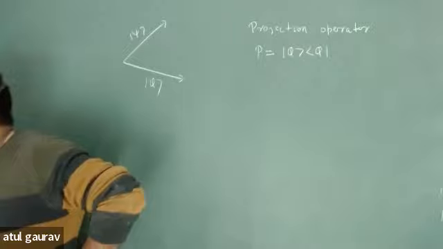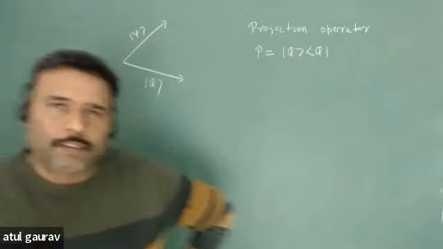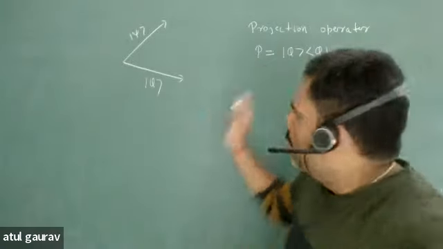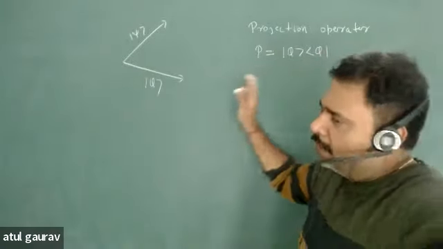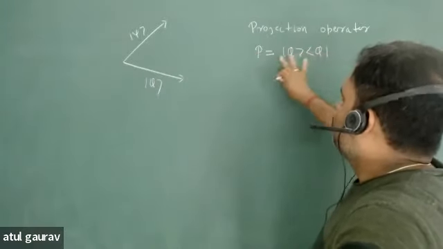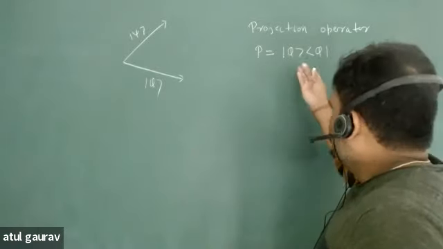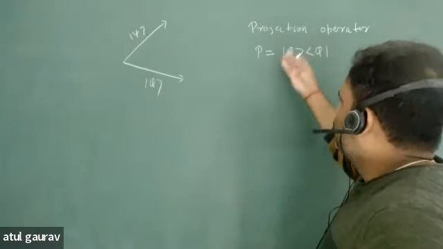Let's first go for a basic property of this projector operator. We will go into eigenvalue and eigenvector in the next class, but currently we will assume that these are normalized vectors. So this is my projection operator.